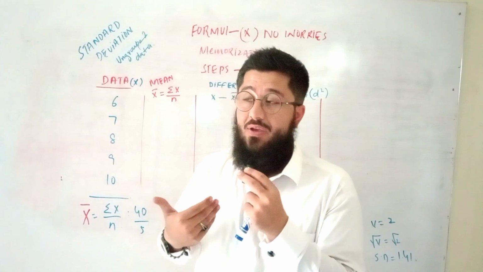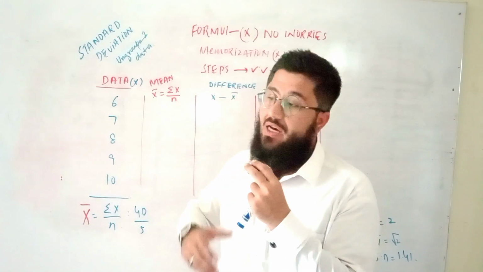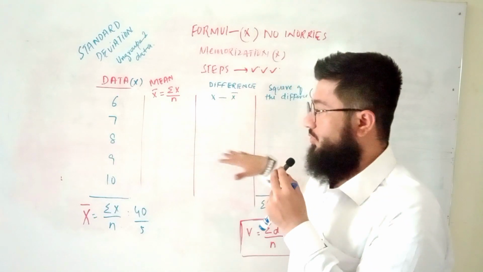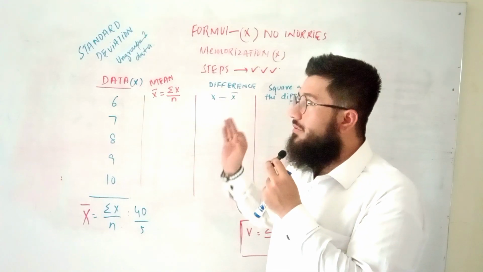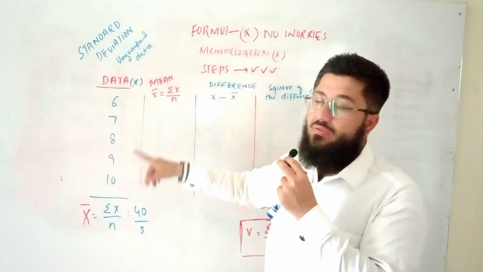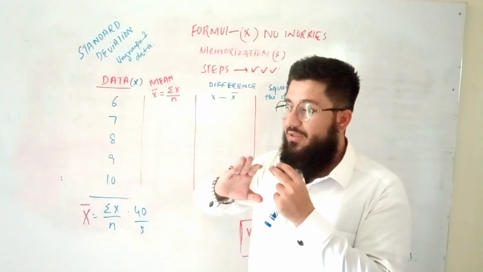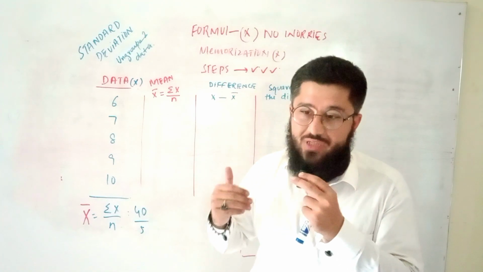I can't memorize. So how do I crack such kind of questions and how do I get the answers? I just follow these steps. Through these steps, I'm able to crack this particular problem, and I just get the solution that's genuinely correct. So now I'm going to share those steps with you guys.